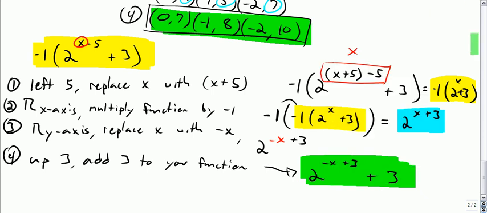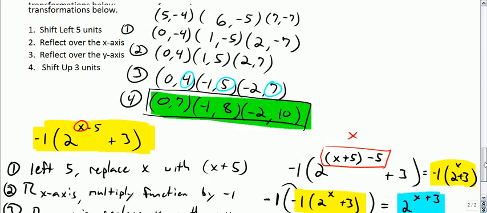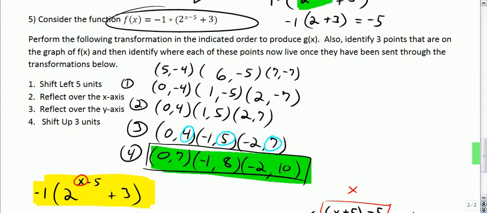Let me go back to how I put the points in. I had 3 points that were initially on the graph. These are my original 3. I went left 5 units, so I subtracted 5 from all of the x's. Kept the y's the same.